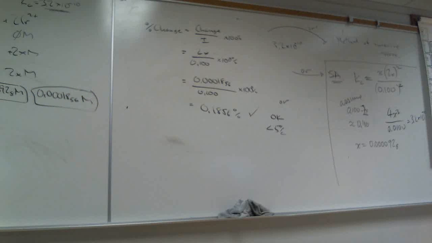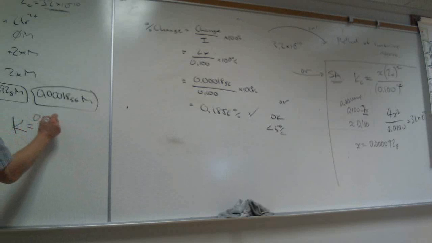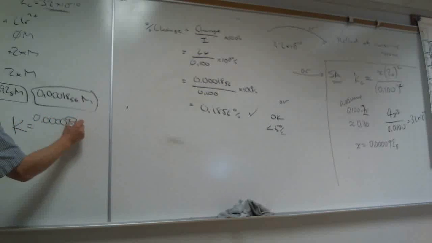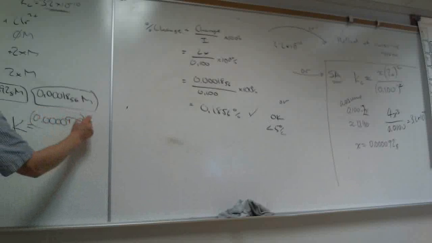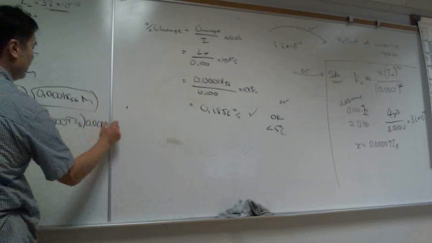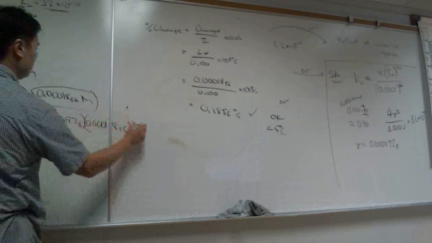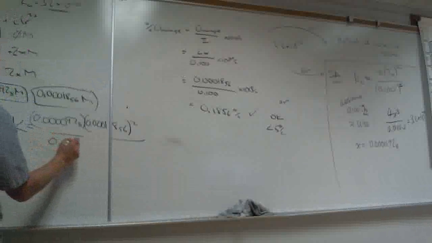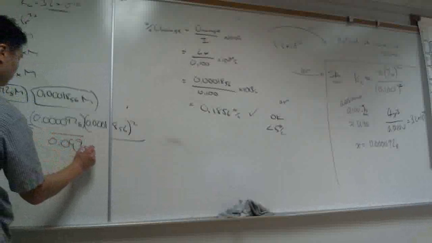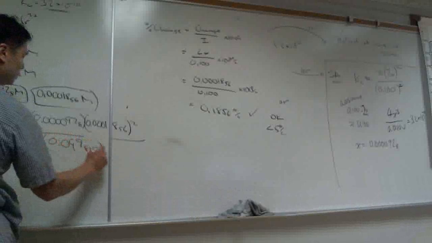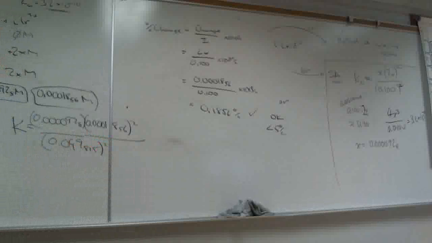We'll see. Let's calculate our K as a double check and see if we're even close to what it's supposed to be. So can someone calculate the K? Which would be 0.0000928 times 0.0001856 squared divided by 0.099815 squared. 3.208.